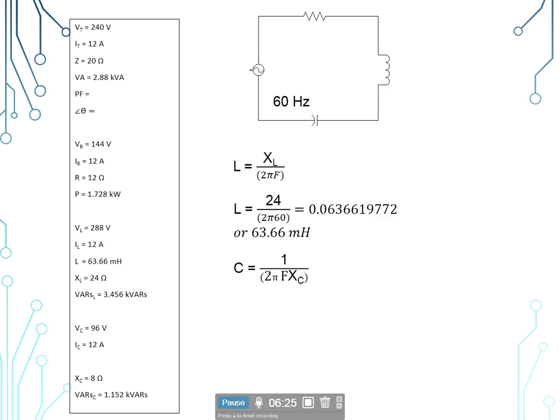And then for our capacitor, we'll use 1 divided by 2 times pi times the frequency of 60 hertz times our capacitive reactance. So C is equal to 1 divided by 2 times pi times 60 times 8, giving us 331.57 microfarads.